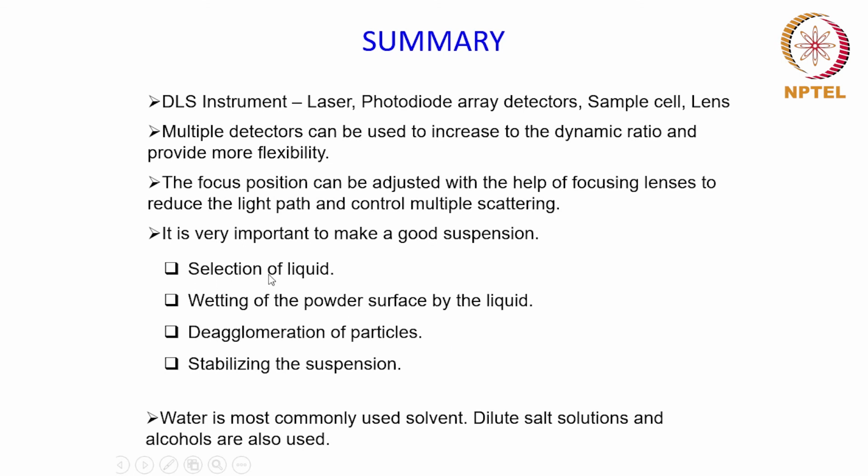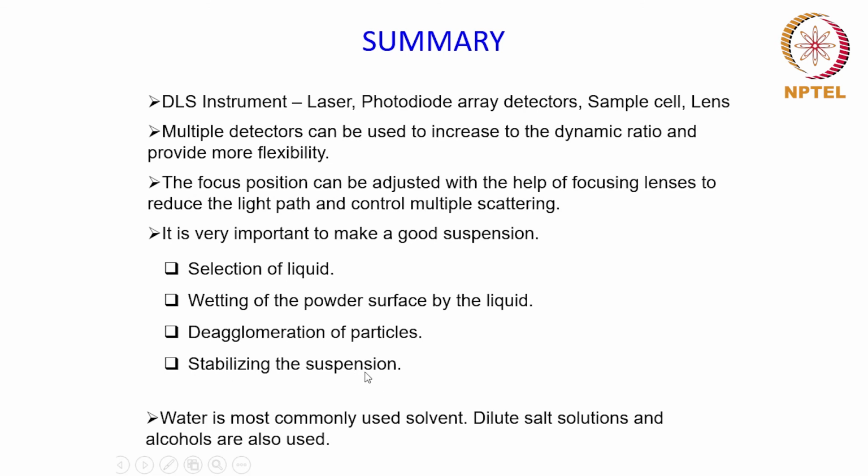And these are selection of a particular liquid which is good for suspending the particles, wetting of the particle surface by the liquid which is used for dispersing them, and to make sure that there is no agglomeration of the particles, so there should be certain provisions to deagglomerate the particles.